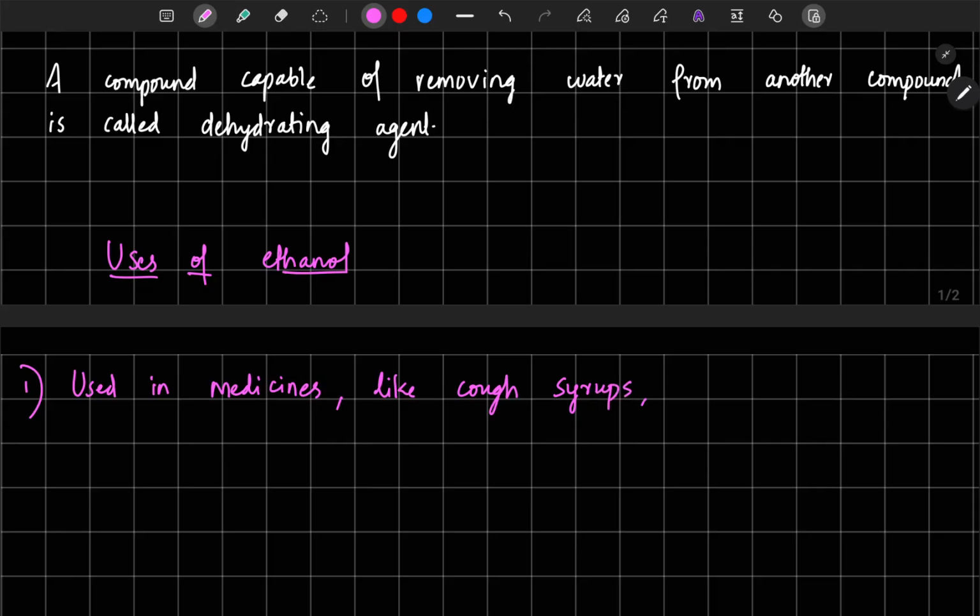Then tincture of iodine, you might have heard of it, also has alcohol in it, and many other tonics. Tonics also have a little ethanol content.